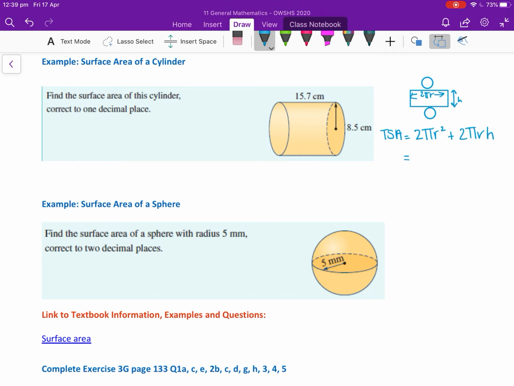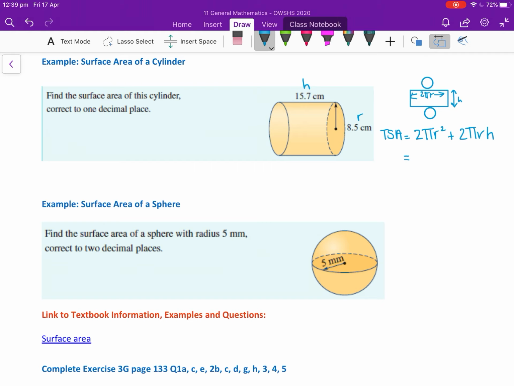So to substitute that in, our r value is 8.5 and our height is 15.7. Now, sometimes when I'm trying to explain this in class, most people think of height as being up and down. But I always try to explain, well, hang on, my height is 172 centimetres. If I'm standing up, I'm 172 centimetres, but if I'm laying down, I'm still 172 centimetres.